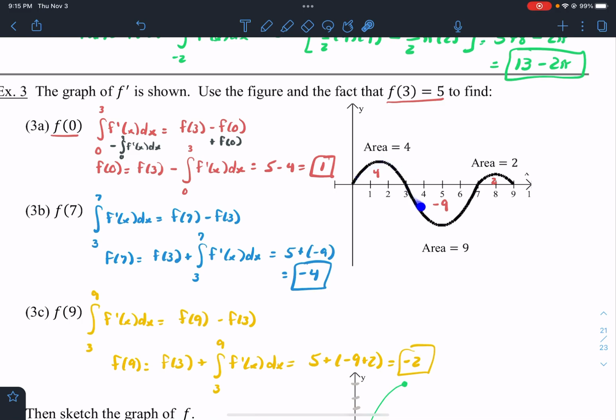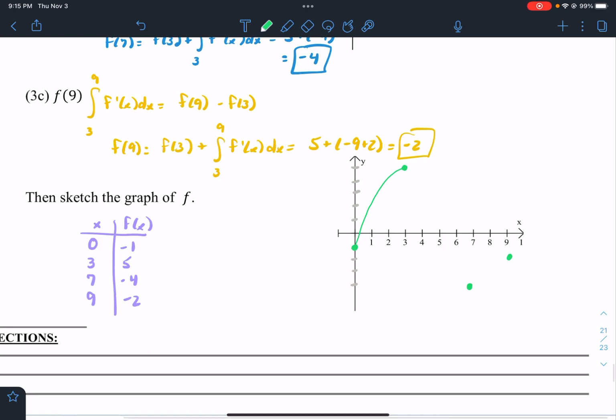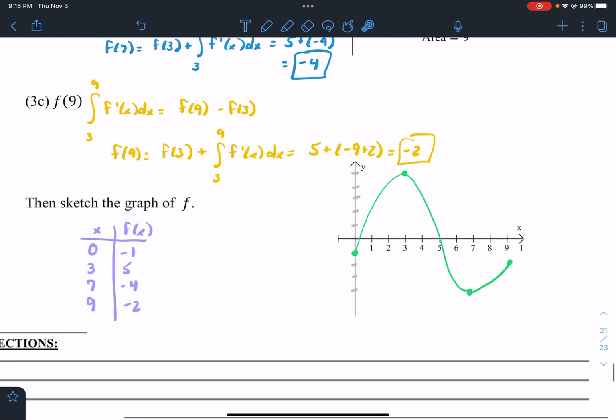So I increase until 3 and then I decrease in between. And then I'm going to increase again. I could also go as far to analyze concavity also, but I'm not going to go through all that process just yet. But that's how I know that I'm not going up above to get back to this point, because I'm increasing, then I'm decreasing till I get to 7, and then I'm increasing to 9. So that gives you a general shape of the graph.